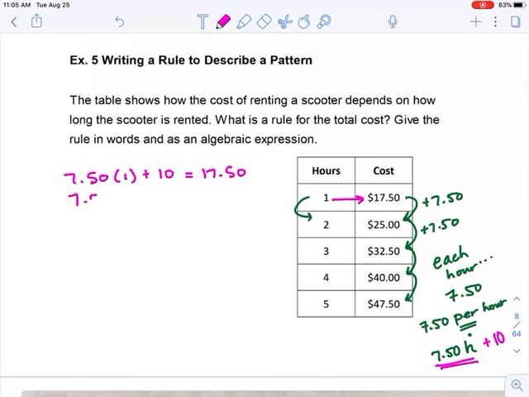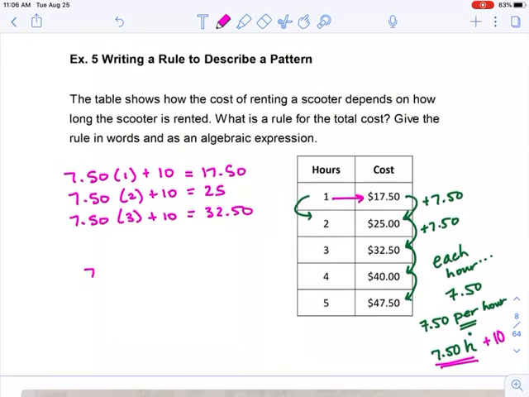If I take $7.50 and multiply by 2 and add 10, $7.50 times 2 would give us 15. 15 plus 10 is 25. If I take $7.50 and multiply by 3 and add 10, $7.50 and $7.50 is 15, plus $7.50 would take us to $22.50, plus that $10 is $32.50.